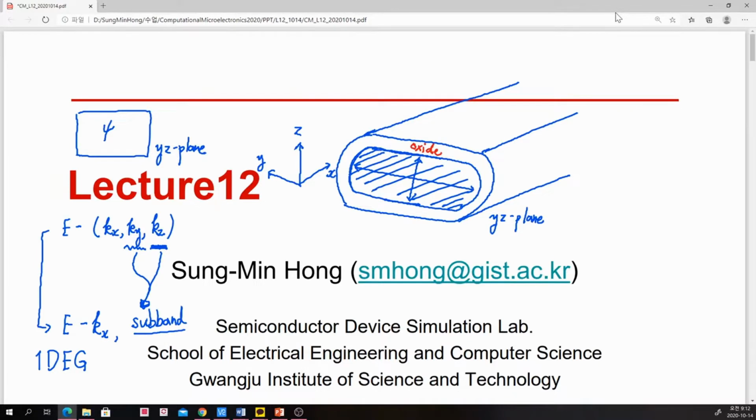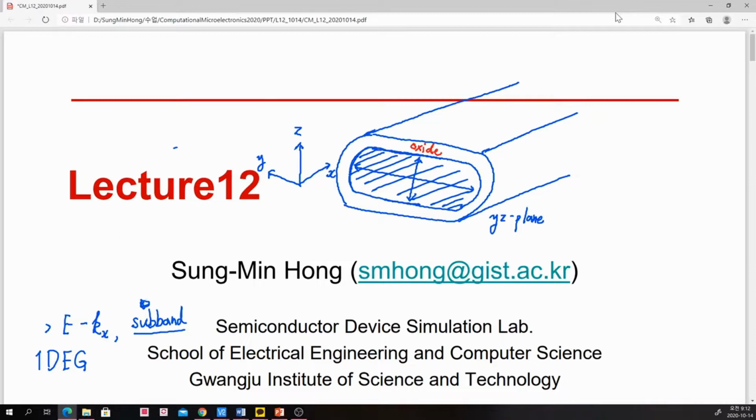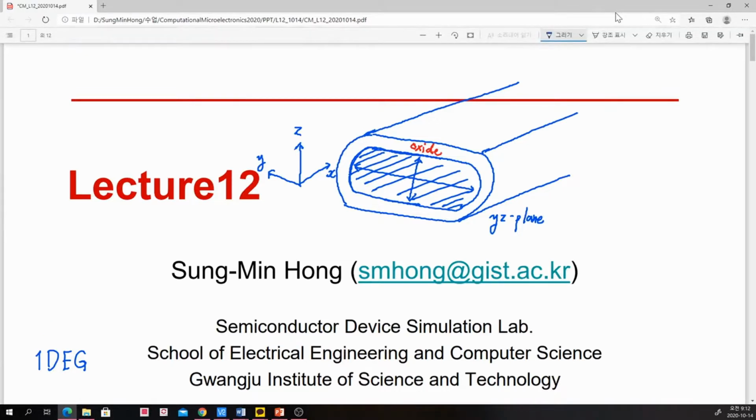Currently the semiconductor industry is facing a transition from two-dimensional electron gas to one-dimensional electron gas. It is only because previously people have made structures like this.